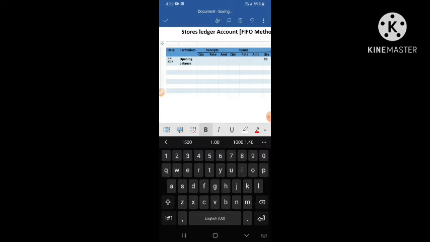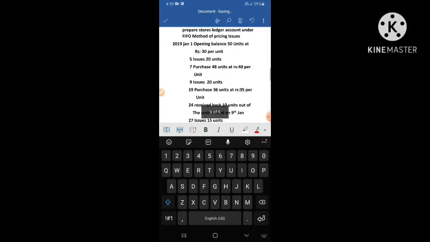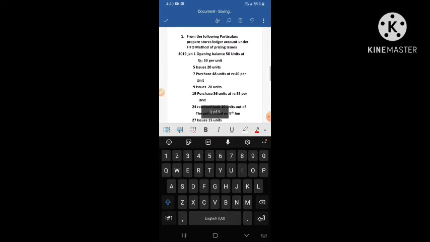I already told that the date should be in order, so we should be very careful about the date. So next one is 5th Jan 2019, issue of 20 units.